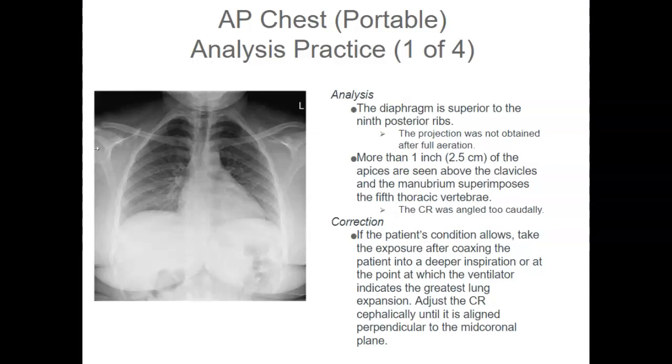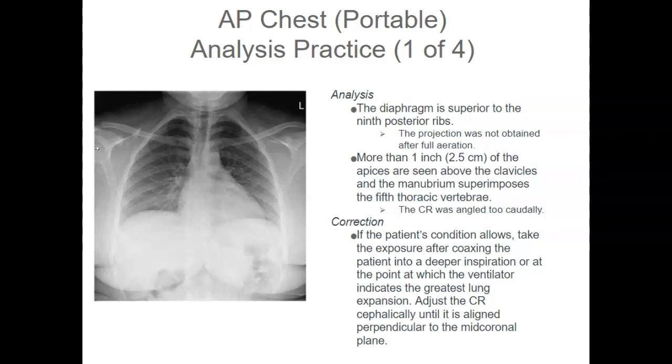Let's take a look at our image analysis practice. In this image analysis, you can see that the apices are demonstrated more than an inch above the clavicles. So in this situation, we don't have so much tilt as a central ray angulation problem.